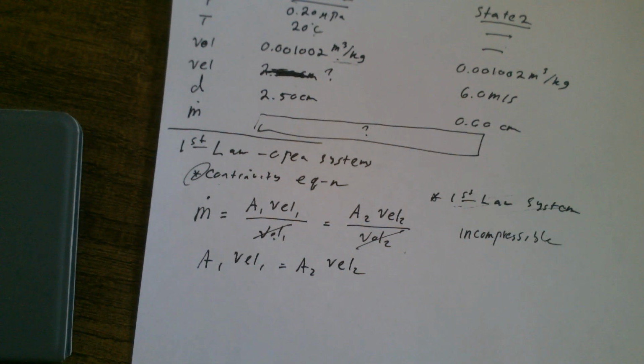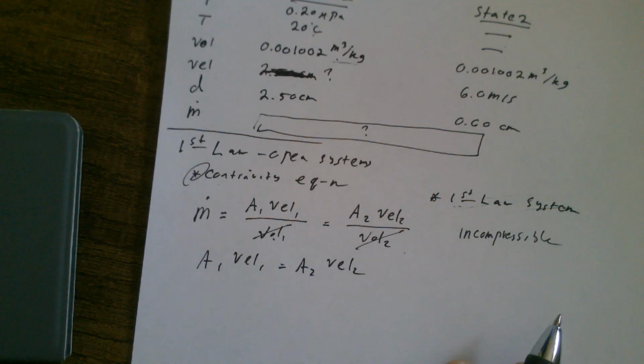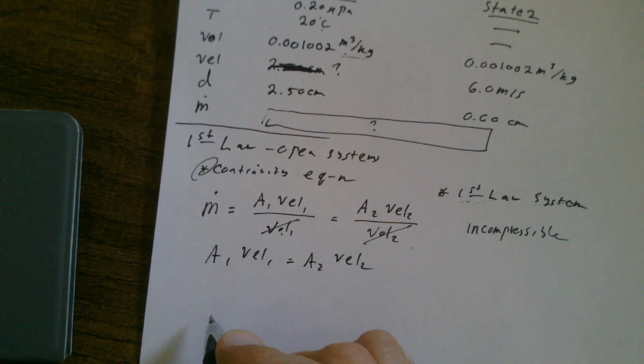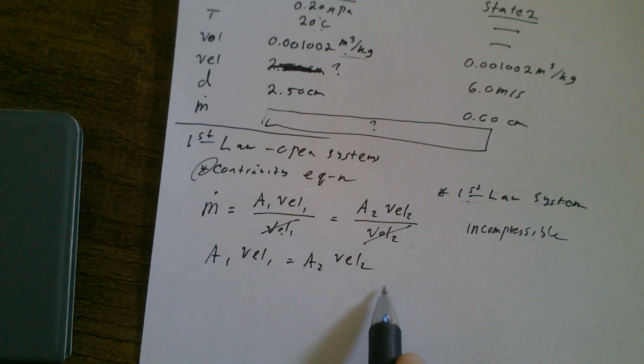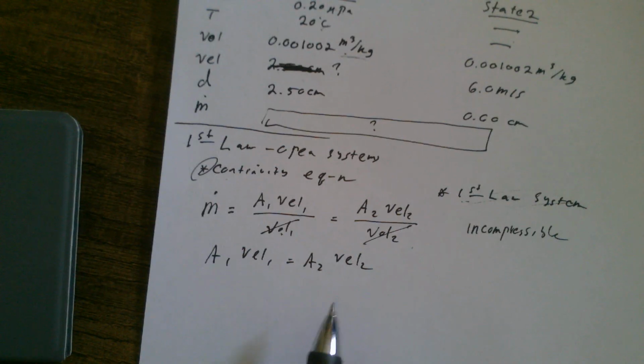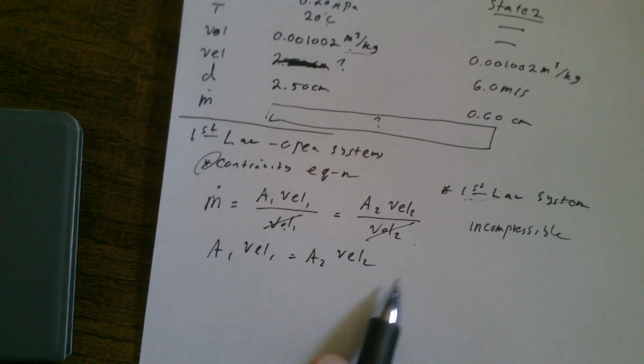Cool. Now, what is A for a circle? It's pi r squared. I don't have r, I have d. No big deal, so I'll call it d over 2. So pi times d over 2 squared times the initial velocity equals pi times d over 2 squared times the final velocity.